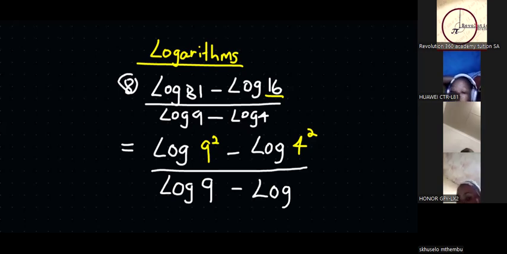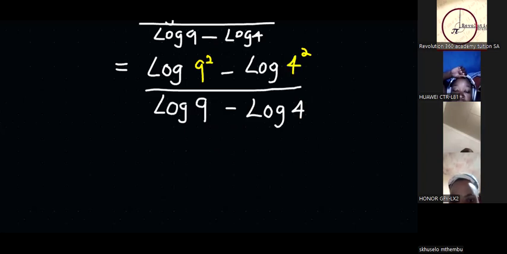So the next step, you simply use that concept of taking the 2 and writing it in front. That will be 2 times the log of 9.